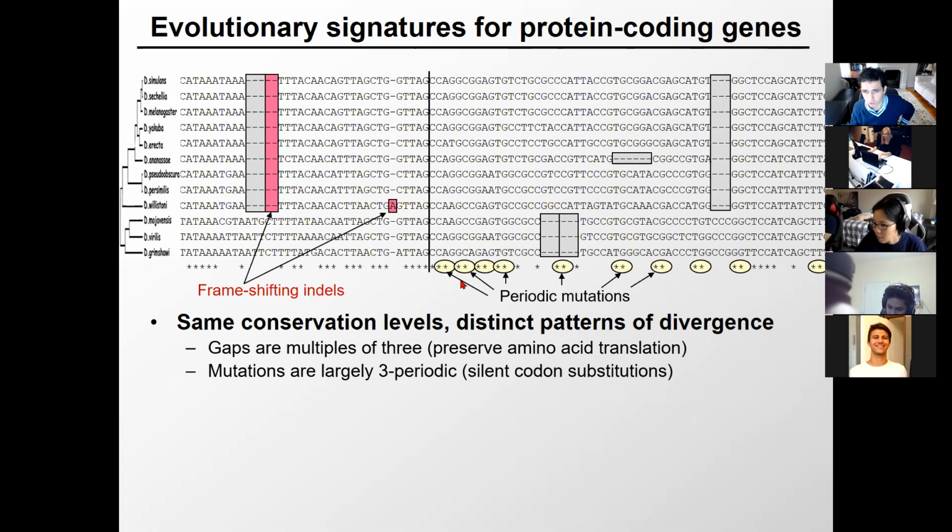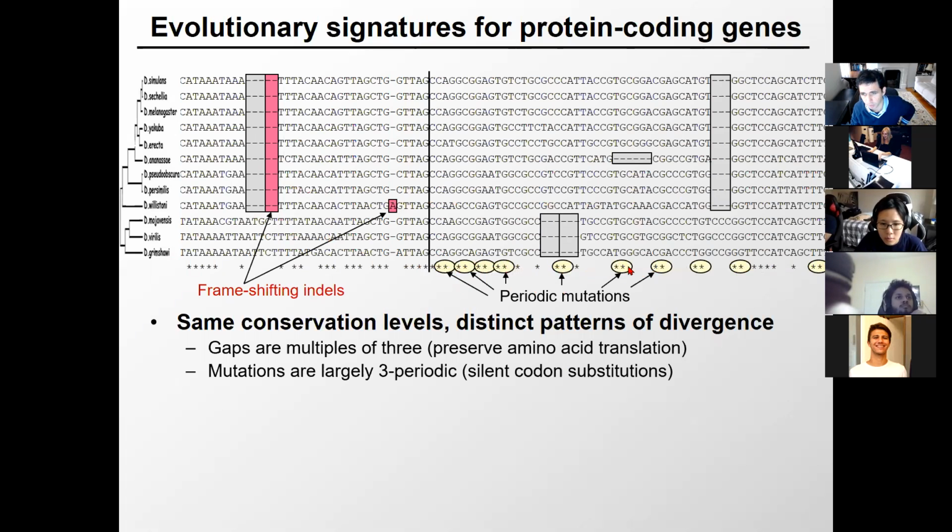The second signature is that if you look at the patterns of mutation here, they're actually happening periodically. So conserved, conserved, not conserved, conserved, conserved, not conserved. What I like to call bang, bang, poof, bang, bang, poof.